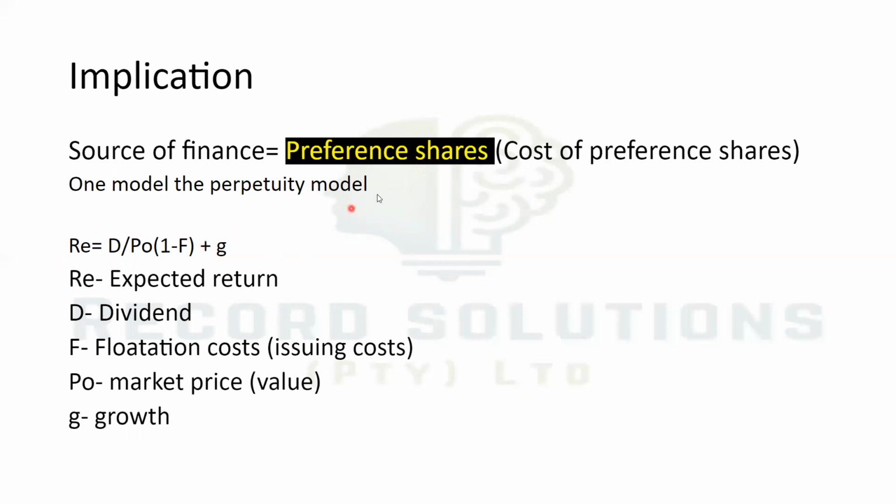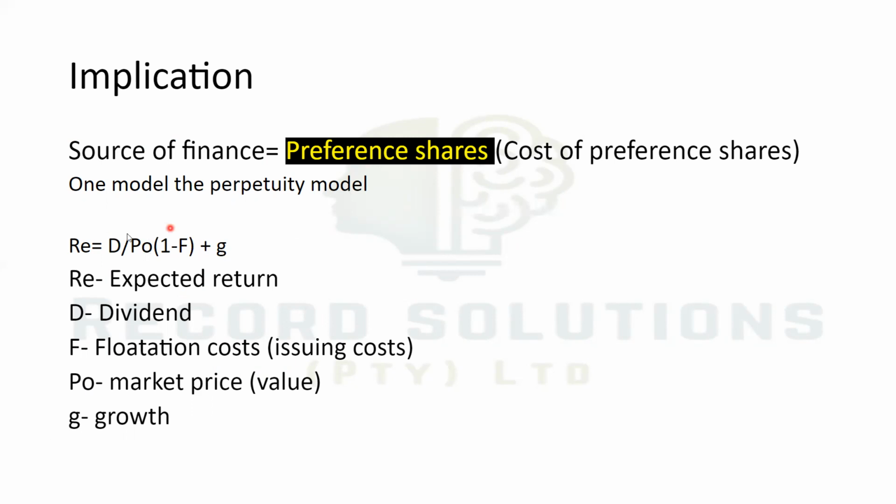However, with preference shares, in most of your questions, they will not basically have this growth. So they will not tell you anything about growth. They may say these preference shares grow at a steady rate. If they say that, or they don't give you the growth of the preference shares, then you know there's no growth. Then you know that this current dividend that they gave you will be the same as next year's dividend.